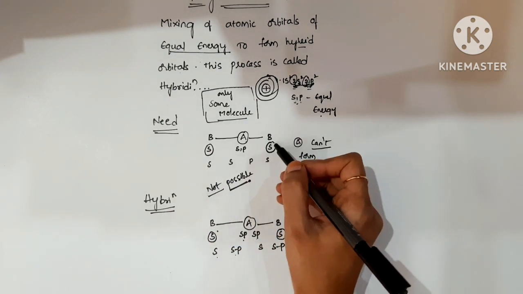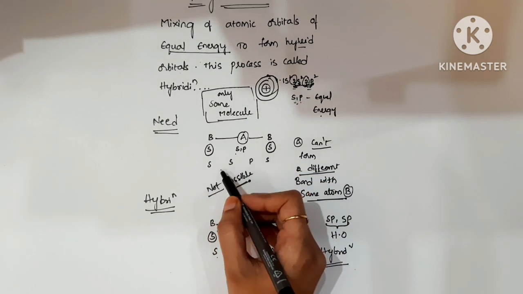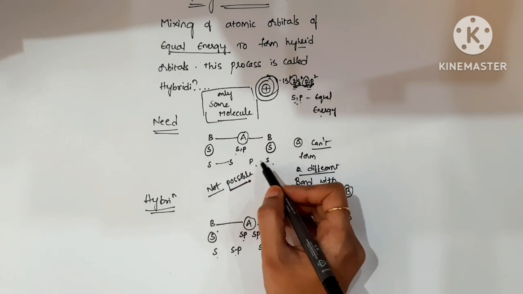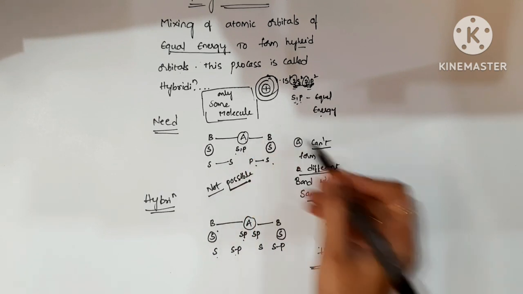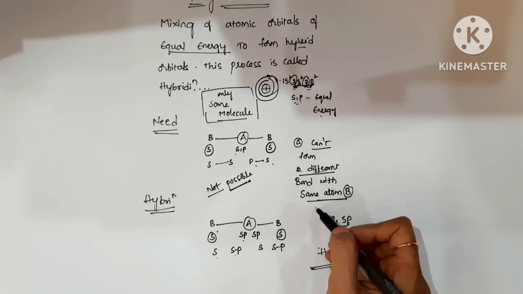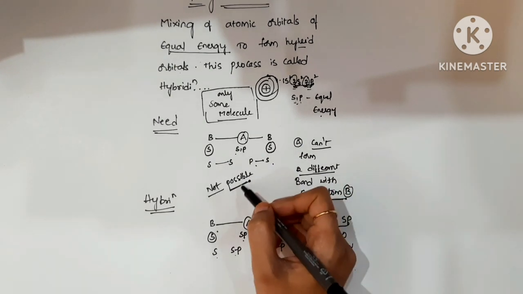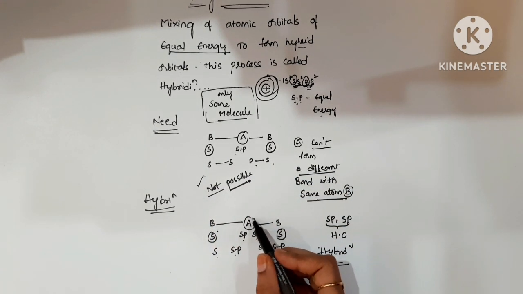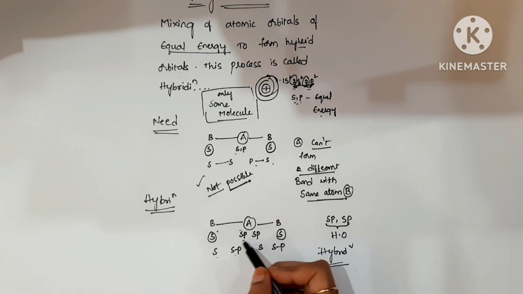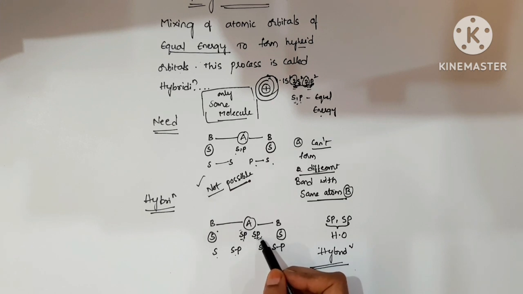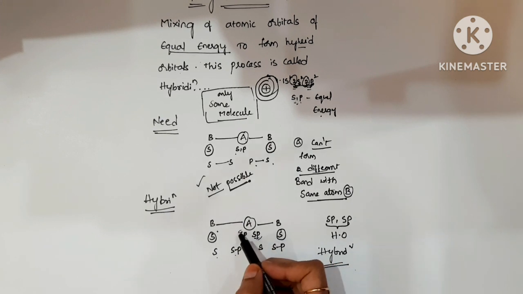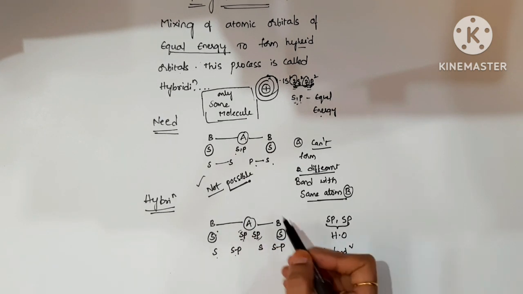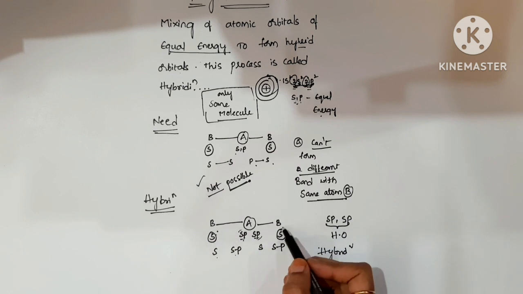This is not possible. Why? Because s and s overlapping here, p and s overlapping here, and A atom cannot form two different bonds with the same atom B. That's why the orbitals present in the central atom are firstly hybridized to form sp hybrid orbitals, and these sp hybrid orbitals overlap with the surrounding atom orbitals.